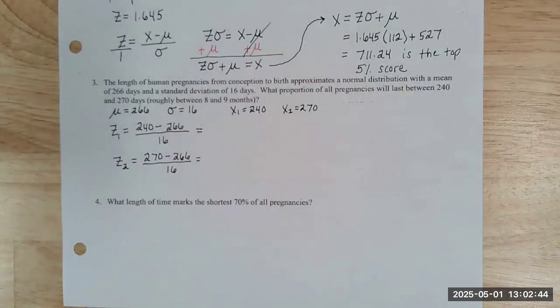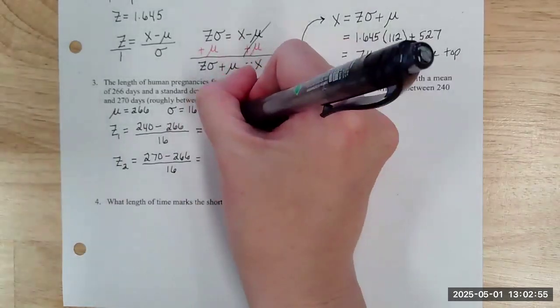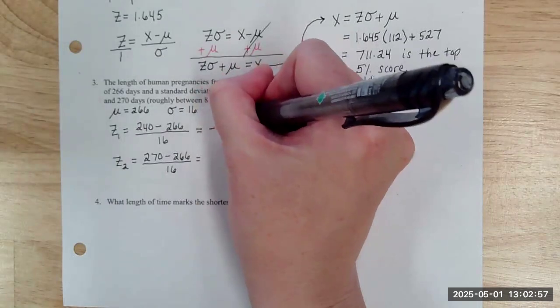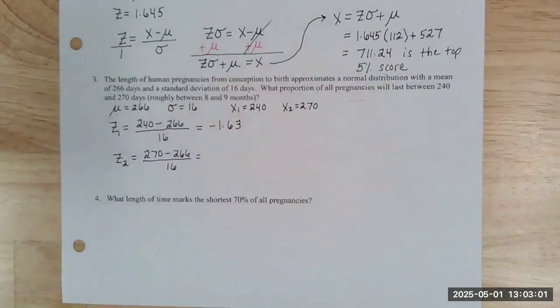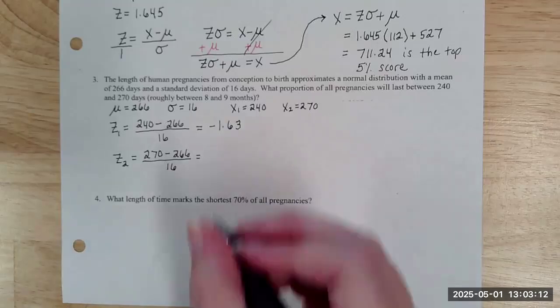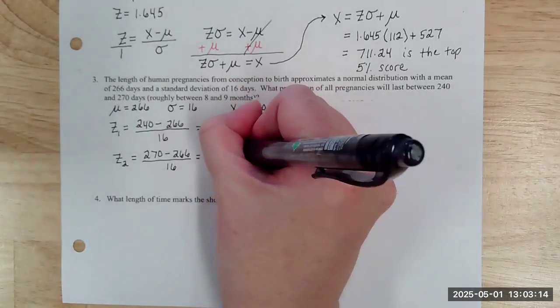So, calculator. I got negative 1.625. So I'm going to say negative 1.63 for the first one. And then for the second one, I got exactly 0.25.